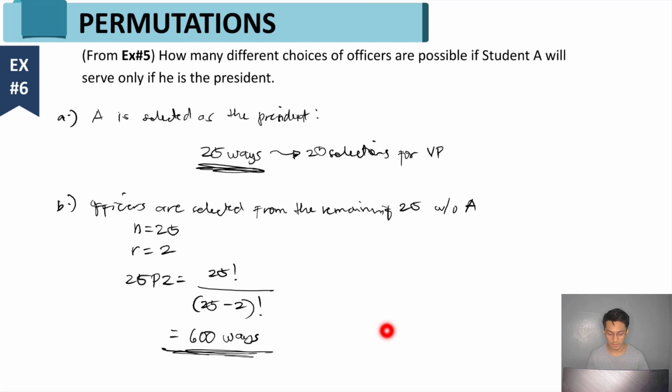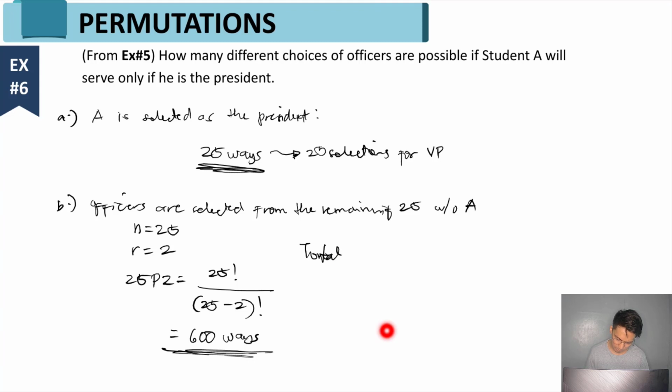And dahil sa problem natin, for example number 6, ang sabi niya, how many different choices of officers are possible if student A will serve only if he is the president? Dalawang situation natin and we have to consider each situation. So, letter A at saka letter B, ang gagawin natin, pagsasamahin natin kasi sila ay total number of choices and yun yung magiging answer natin for example number 6.